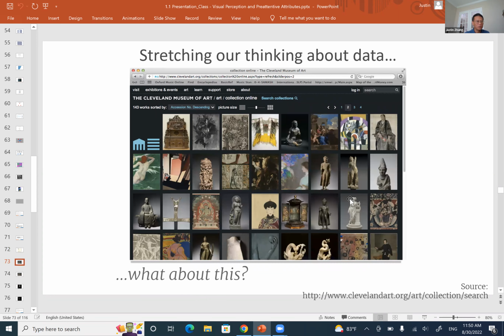So how about this? Do you think it's a data visualization or not? It's the website of the Cleveland Museum of Art. And you see a lot of pictures on their front page. When you click and zoom on each image, you can actually see the description of this image.